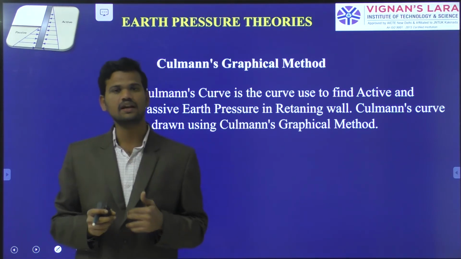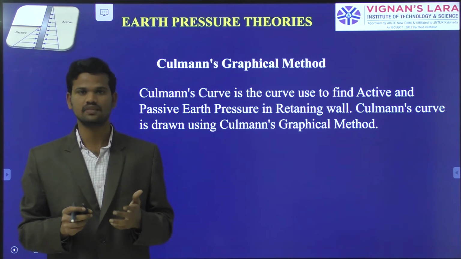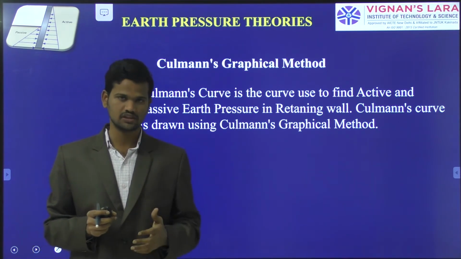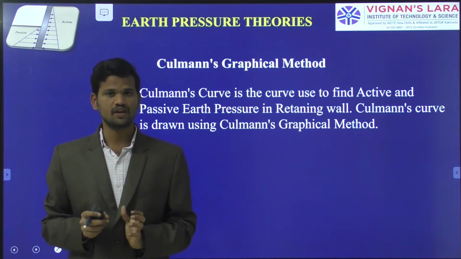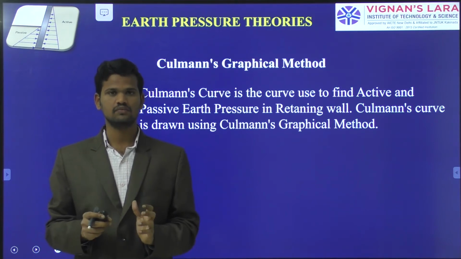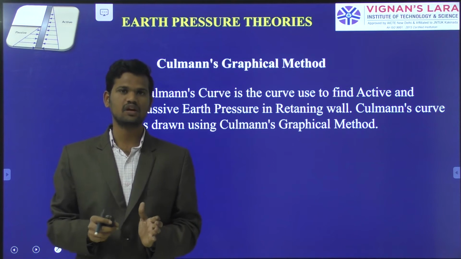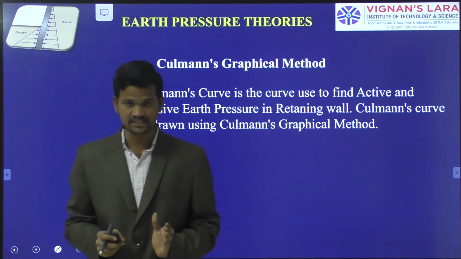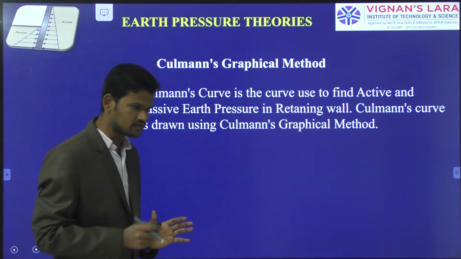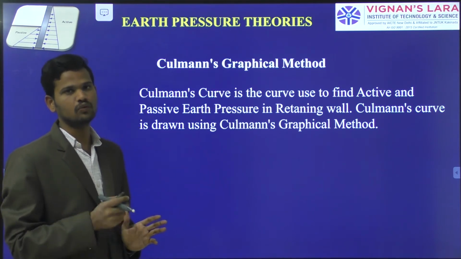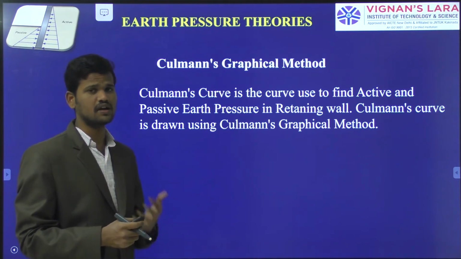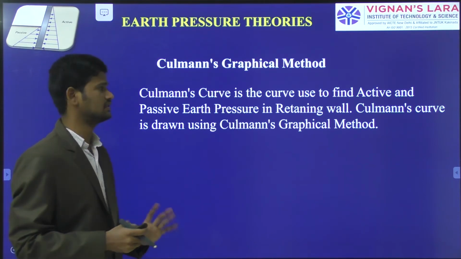In Coulomb's theory, we directly calculated active earth pressure and passive earth pressure. In Culman's graphical method, by using some graphical representation, we find how the pressure is acting on the wall. We will also solve one more problem based on an important concept such as Rankine's theory.